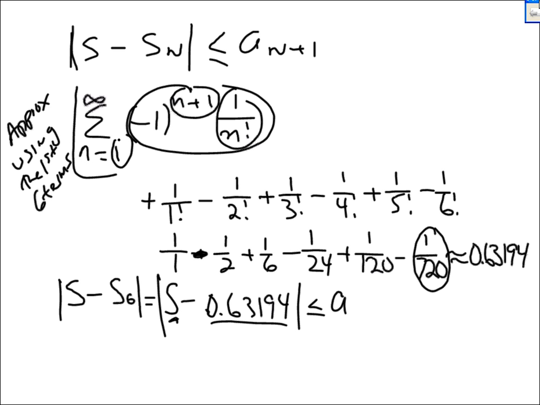A sub 7 is 1 over 7 factorial, which is 5040.